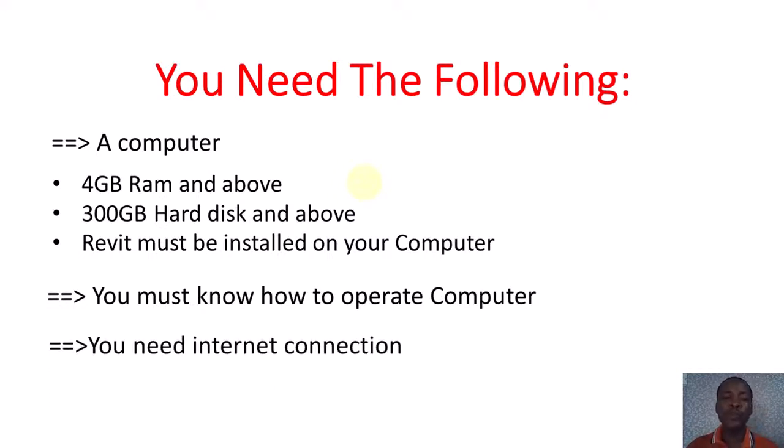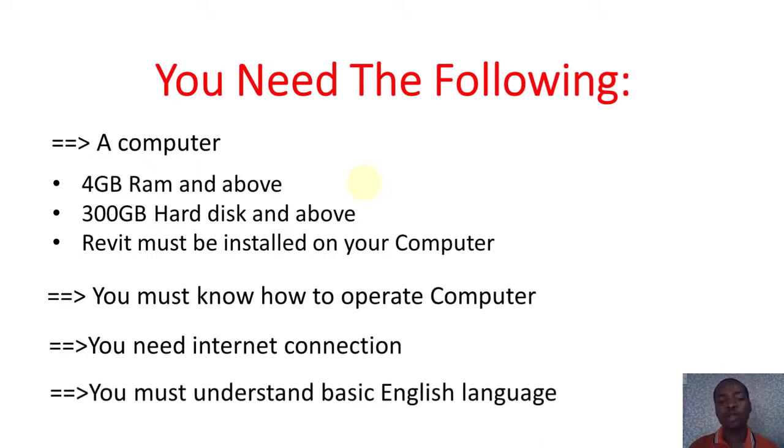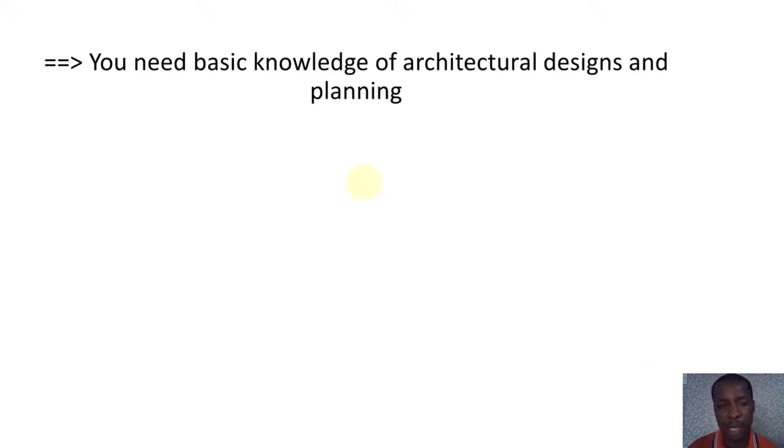You also need an internet connection, because once in a while you need to download certain things from the internet. And you also need to understand basic English, because the language we use to communicate here is English. So English is very important if you must learn the Revit tutorial masterclass.